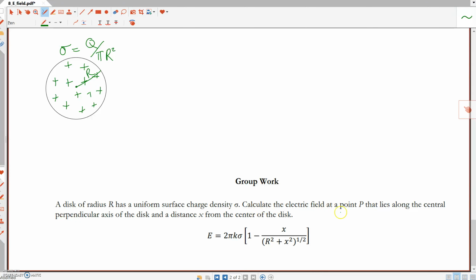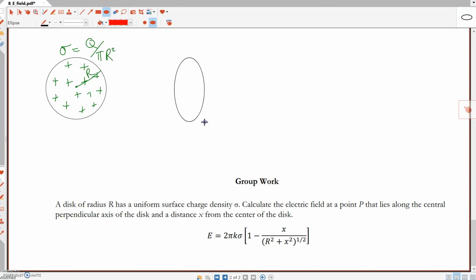And I want to know what the electric field is at a point P that lies along the central perpendicular axis, so that's what's going in and out of the page or the screen for you, and a distance x from the center of the disk. So I'm going to change my perspective a little bit, kind of rotate this a little bit to the right.